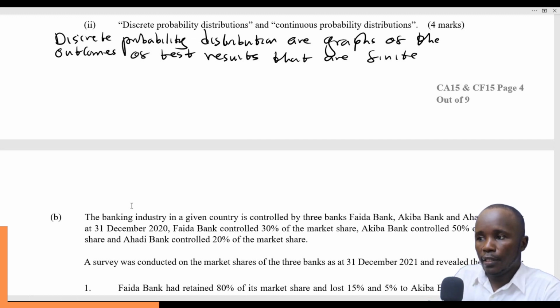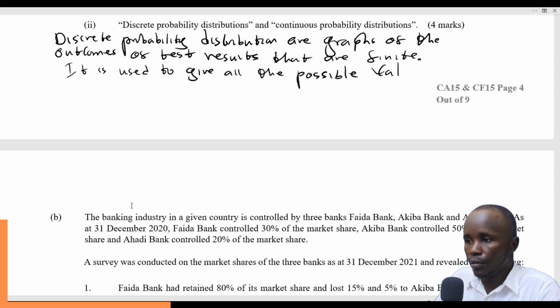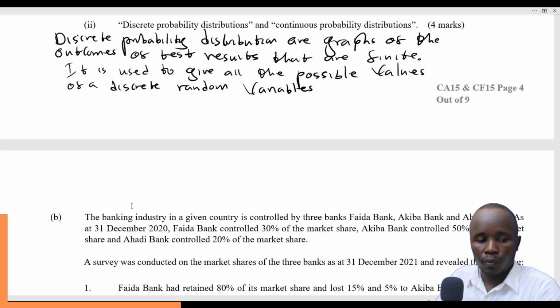It is used to give all the possible values of a discrete random variable, along with the probabilities.